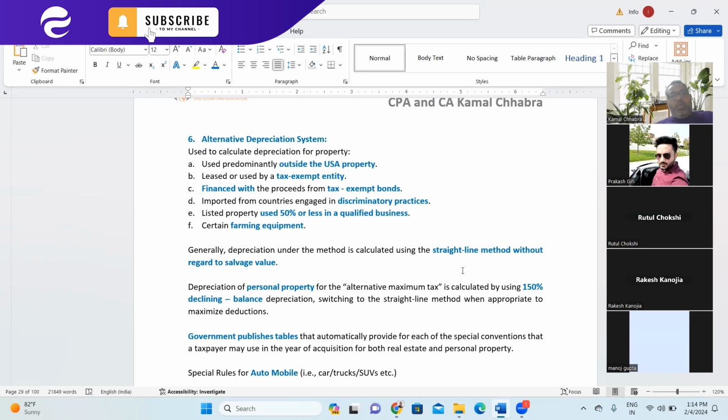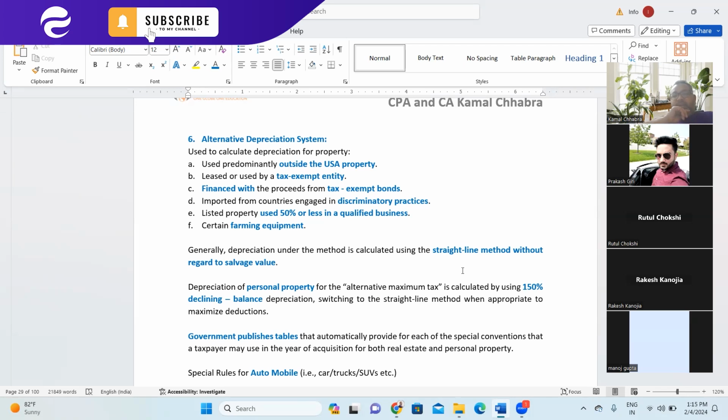Next is imports from countries engaged in discriminatory practices. If you are purchasing any asset from a country engaged in discriminatory practices, then for that country's asset you will not be charging MACRS, rather you will be using the alternative depreciation system.